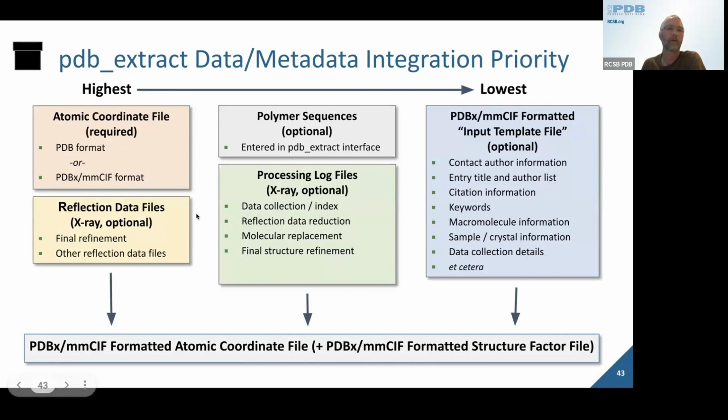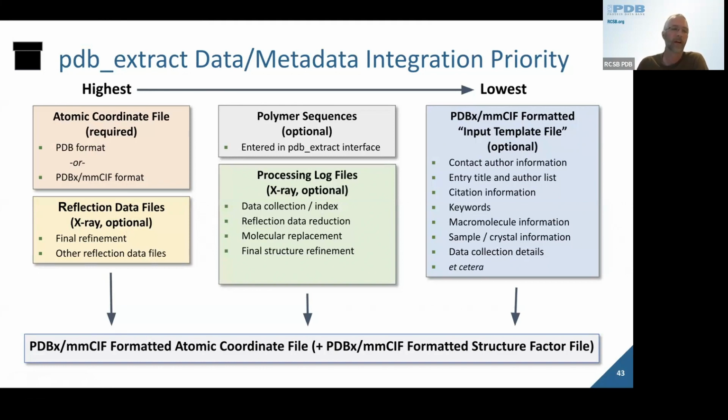The highest priority content are the contents of the provided atomic coordinate file. As I said, it can be in either the legacy PDB format, or in PDBx mmCIF format. For diffraction entries, you can also provide reflection data files, and you can basically take all of those data files and integrate them into a single PDBx mmCIF formatted structure factor file.